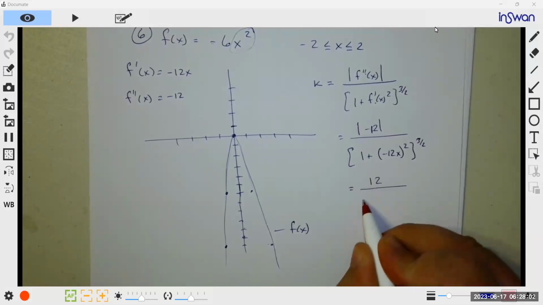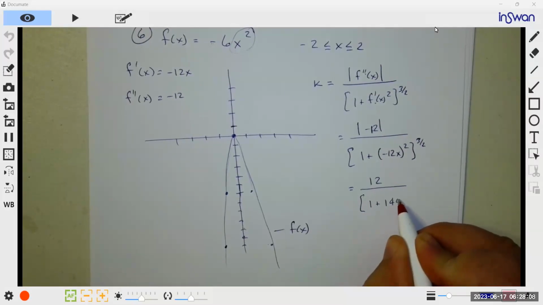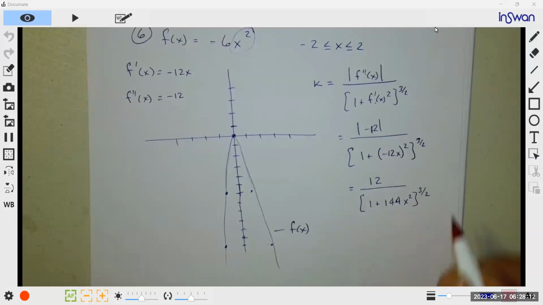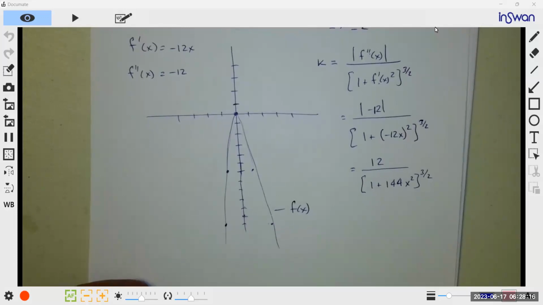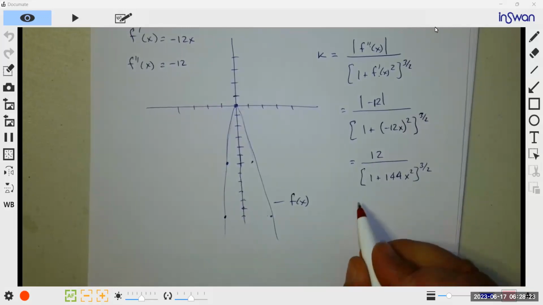So it's positive 12 over 1 plus 144x squared.